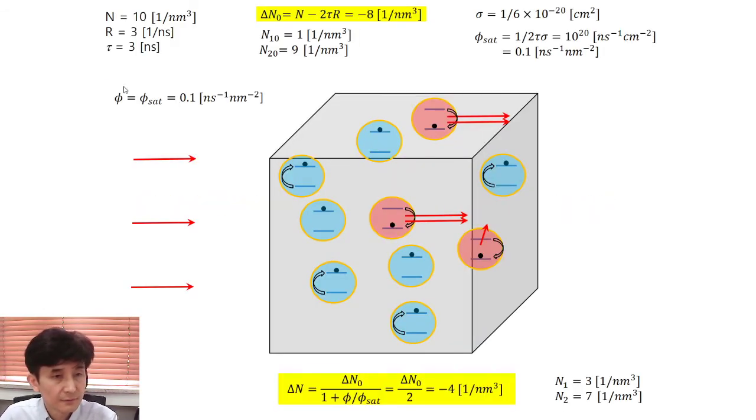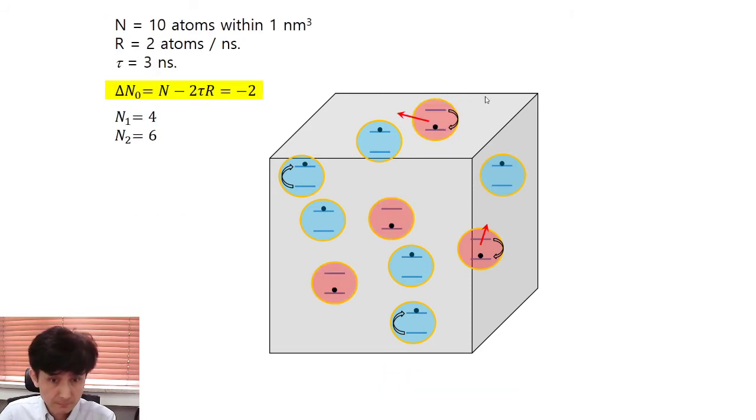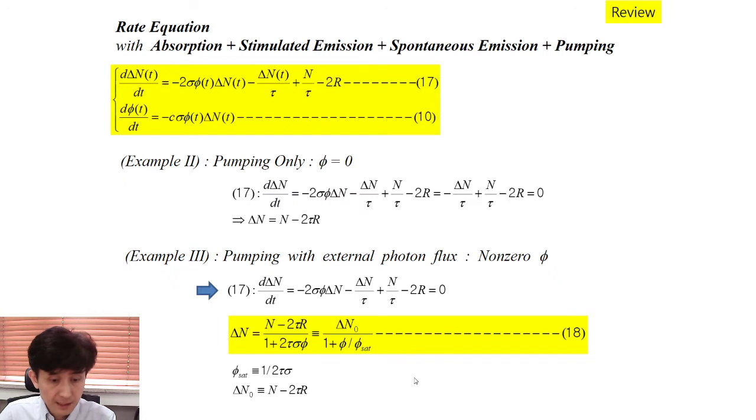And we have external photon flux phi, non-zero phi. First, we need to calculate phi set. Phi set is defined as 1 over 2 tau sigma.